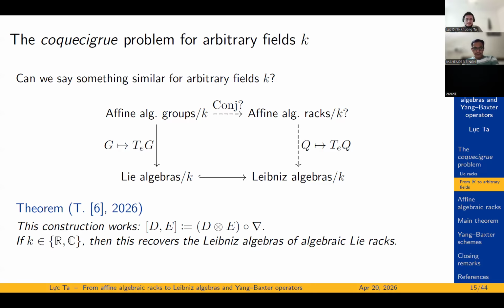In fact, if you take K to be R or C, then this actually recovers Kinyon's theorem for algebraic Lie racks, in other words, Lie racks that you can describe using only polynomials. And of course you get the commutation of this diagram because, again, the conjugation quandle of an affine algebraic group will be an affine algebraic rack, once I define what that is.